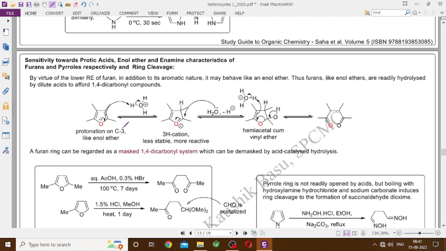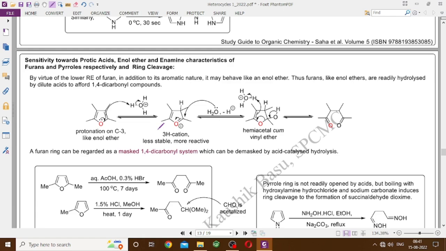On the other hand, because of the lower resonance energy of furan, its aromatic nature is compromised, and one aspect of its reactivity is that the ring double bond behaves as if it is part of an enol ether.